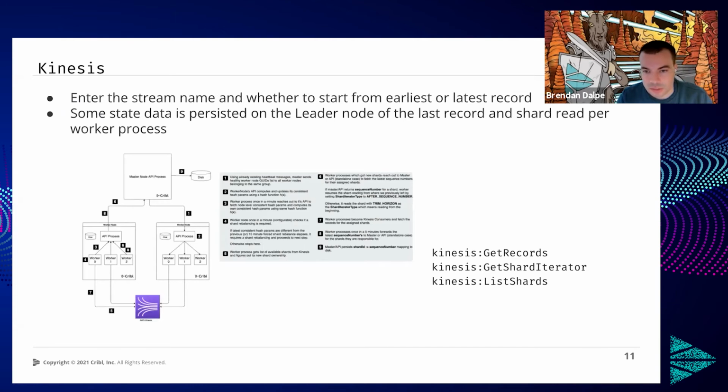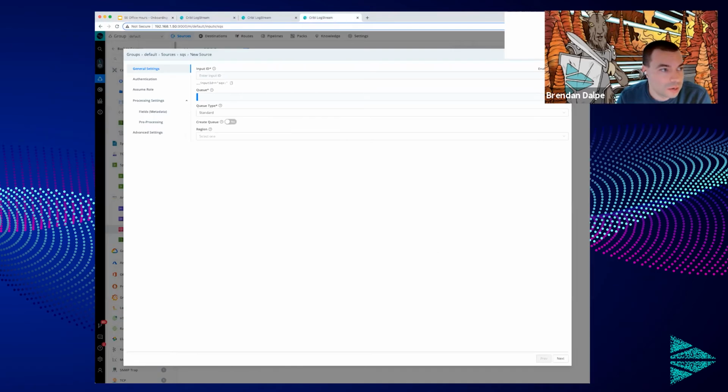All right, Kinesis. Kinesis is a bit complicated when it comes to handling inside Logstream. I've extracted out one of the architecture diagrams here, and I want to talk to how this works. You enter the stream name and whether to start from the earliest or latest record.